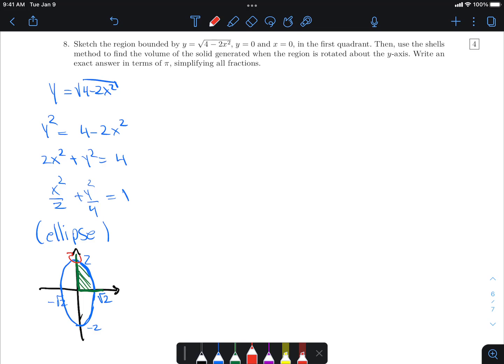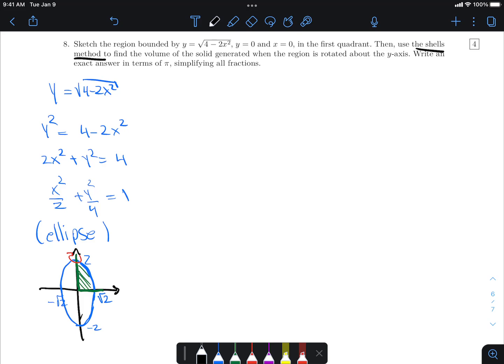But the idea here is to use the shells method. So if you solve this by using the disks method or another slicing method, you'd be incorrect. That is not what you were asked to do. So we need to use the shells method. Be careful, watch out for what you're being asked. So let's go ahead and use the shells method.